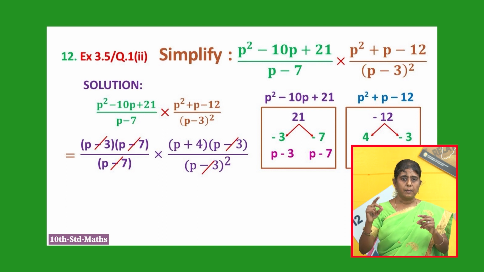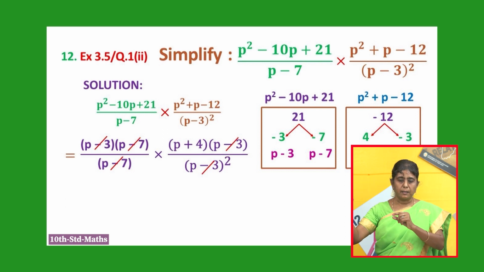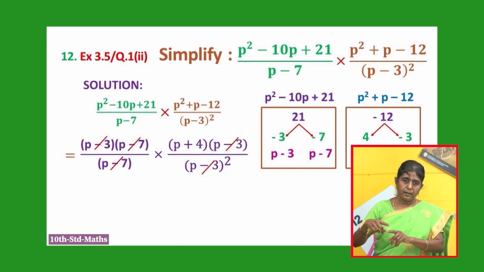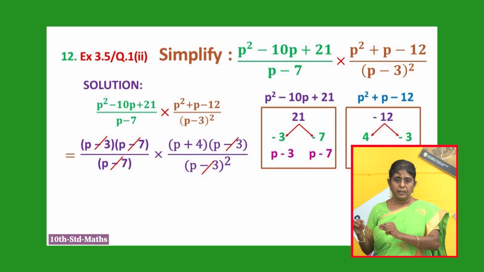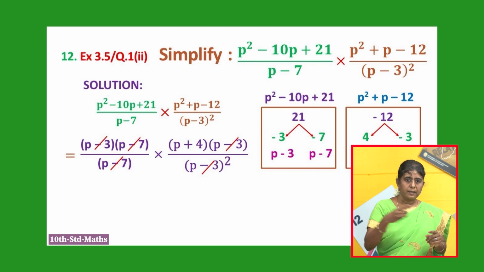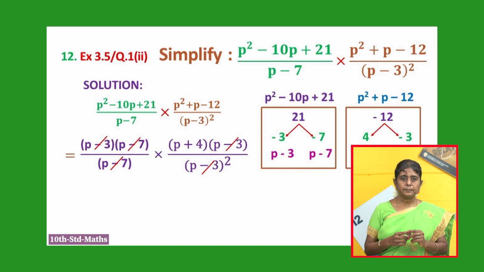In the second fraction, p minus 3 and the p minus 3 whole square, 1 p minus 3 will be there. And again in the first fraction p minus 3 is there, so second fraction p minus 3 is there, therefore the denominator p minus 3 whole square should be cancelled. What is remaining? Only the p plus 4. That's all, that is the answer.